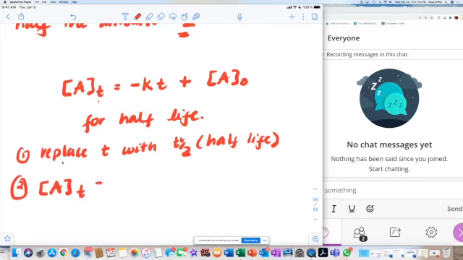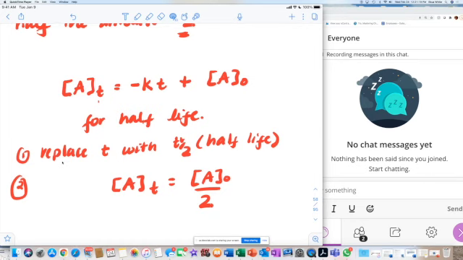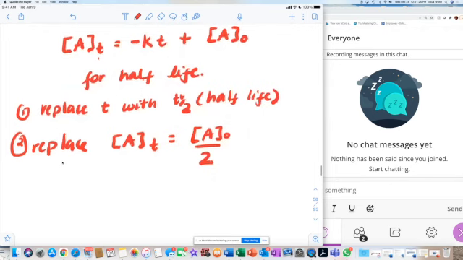So replace this with A naught over 2. I should say replace, right? At half-life, you want to replace this concentration with that.